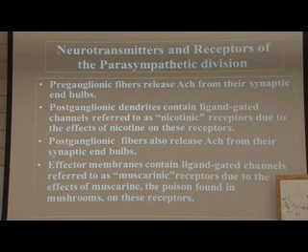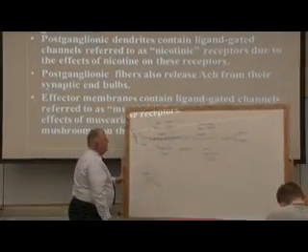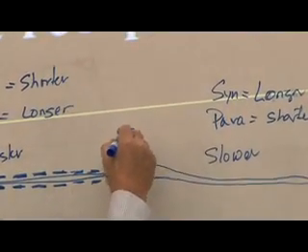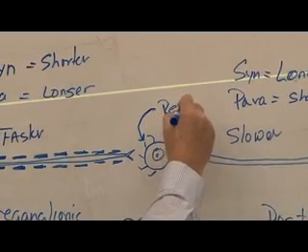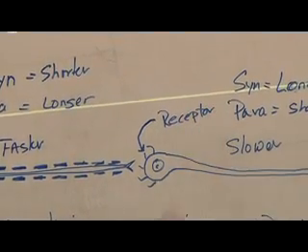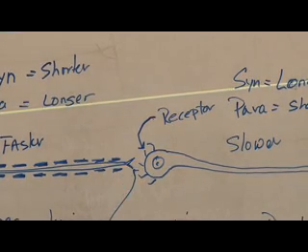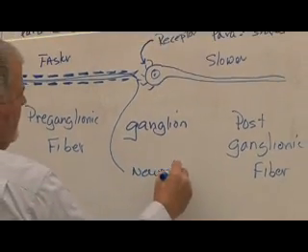So anytime we have a synapse, we have two things that we have to think about. One is that on the dendrites here, we have to have a receptor. And then from the terminal axon, we have to release a neurotransmitter.